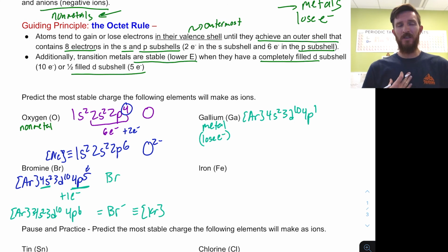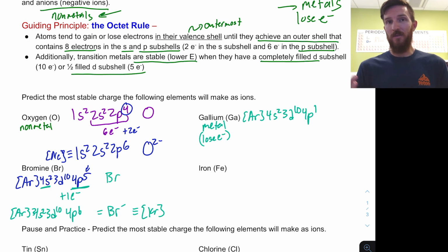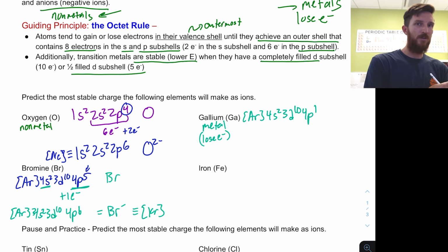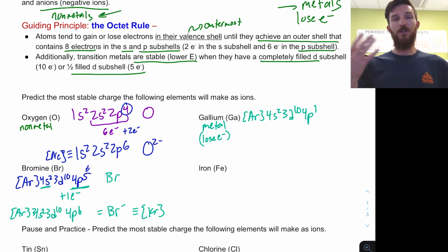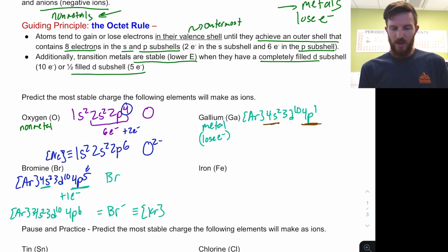And this is why metals would have to gain a lot of electrons to be negatively charged, and nonmetals would have to lose too many electrons to get to a positively charged ion that has the same electron configuration as a noble gas, or 8 electrons in its valence shell. And so we notice that we have basically 2 sets of valence electrons. The higher energy 4p, but not as high in energy as the 4s.